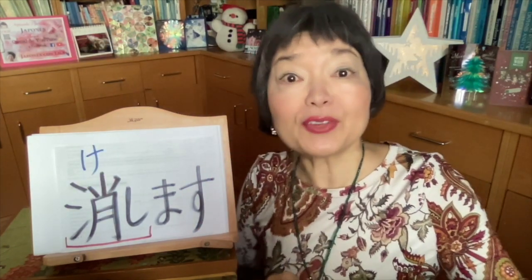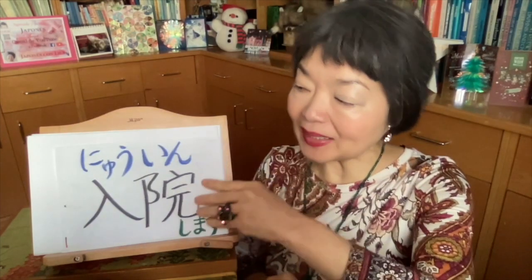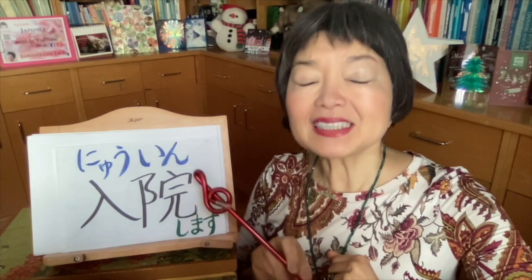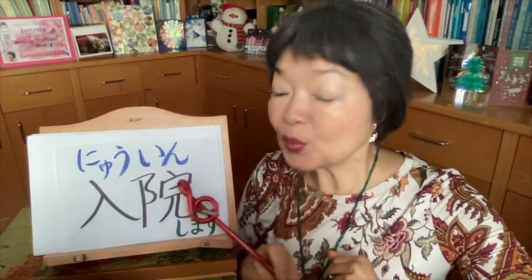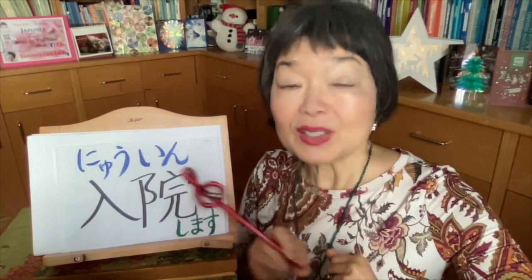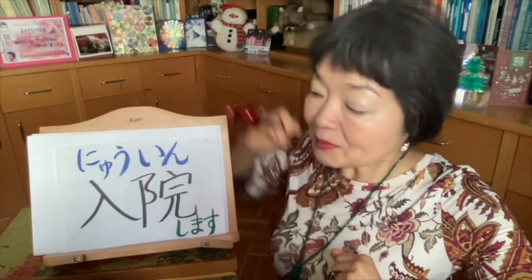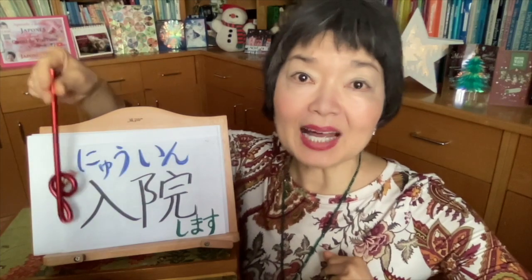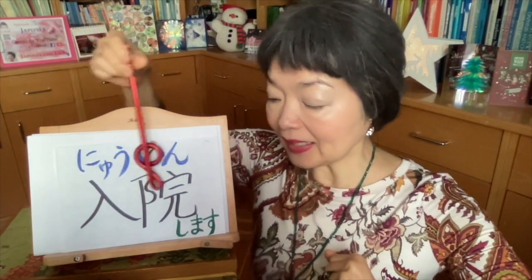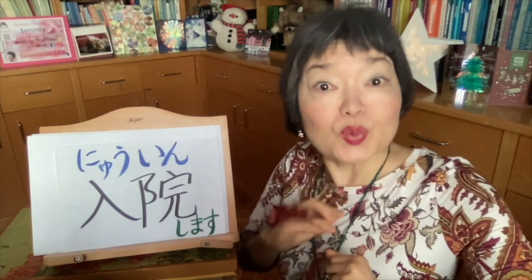But for example, the third group します, this one: 入院します, to be admitted to the hospital, or to hospitalize. 入院 is the noun, the hospitalization, and します means to do.